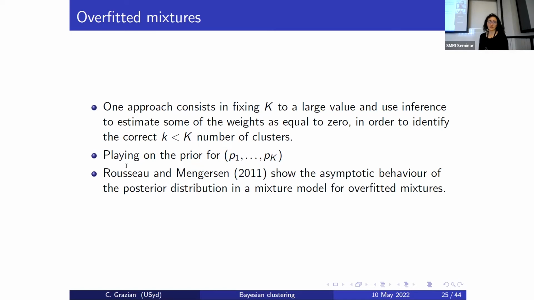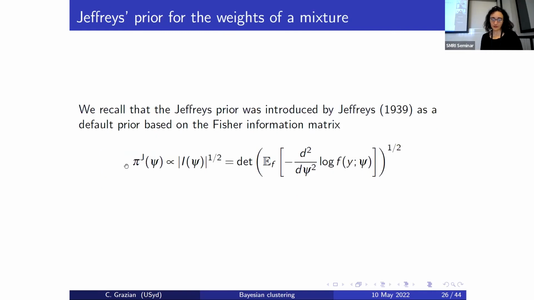This is the case that is called overfitted mixture. So the idea is that inference will inform you of how many informative components are in the data, by setting some of the weights equal to 0. So in the estimation procedure, some of the weights will be set equal to 0.